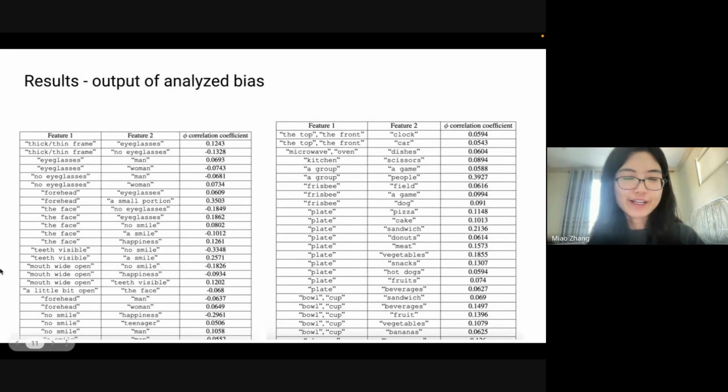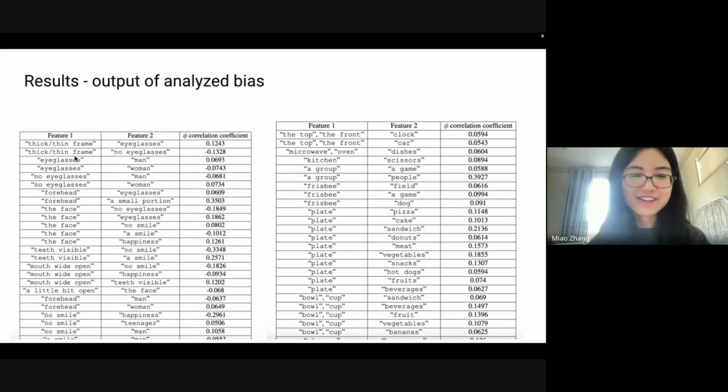This is the upstream output of the analysis results of our methods. We generate TXT files like this. It includes feature 1 and feature 2. Even though only one word is shown here, a feature is a cluster of similar phrases and only a random one is selected to present.